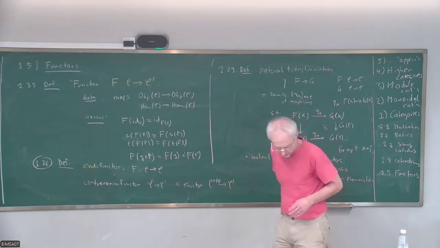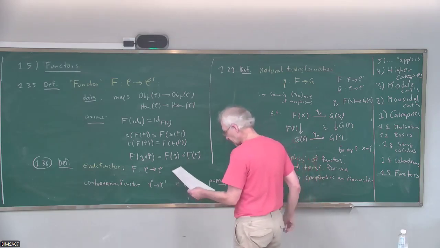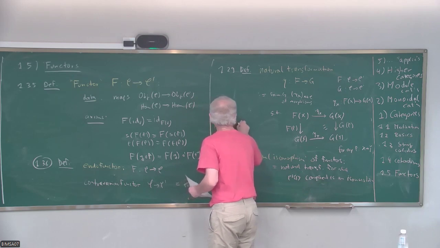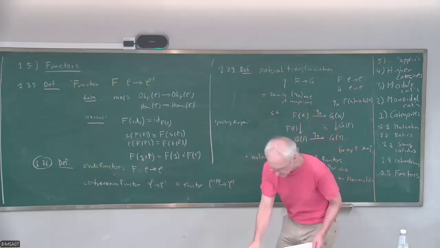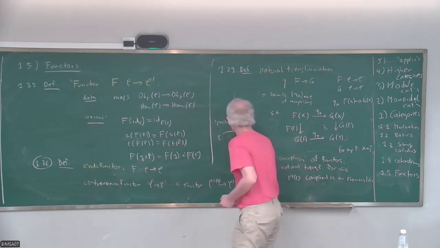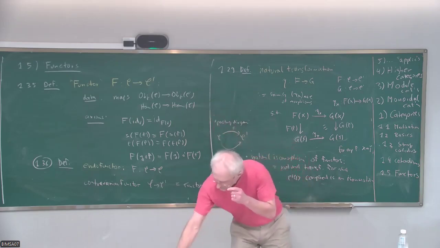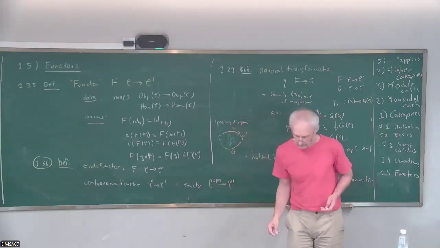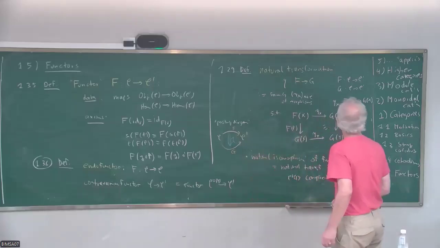Sometimes, but this will not happen very soon in the course, we describe a natural transformation by a pasting diagram. So we have our categories C and C prime. We have our functors F and G between them, and then we take our natural transformation from F to G. We draw it here with a double arrow.